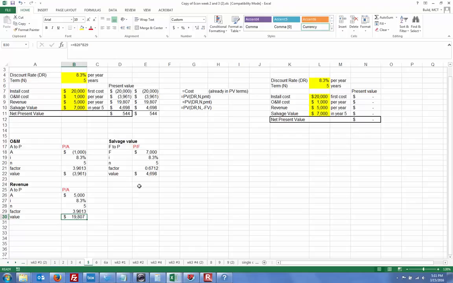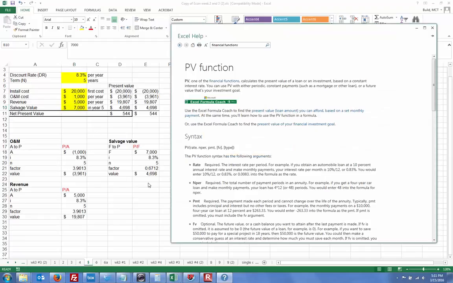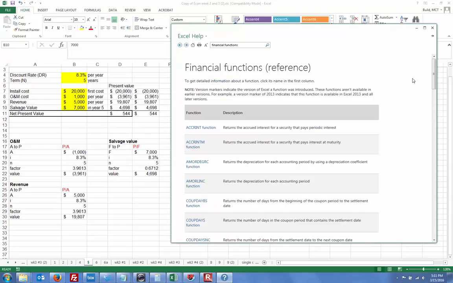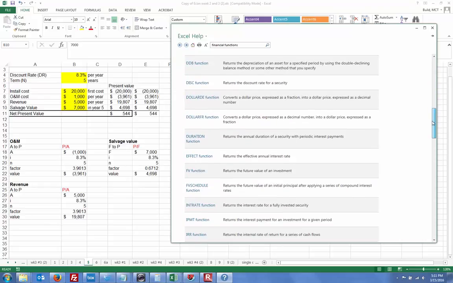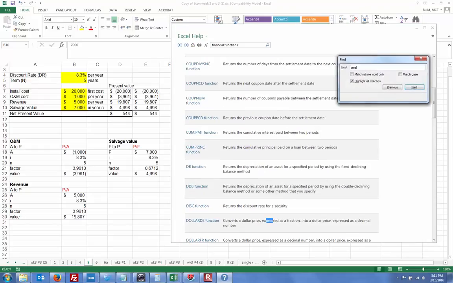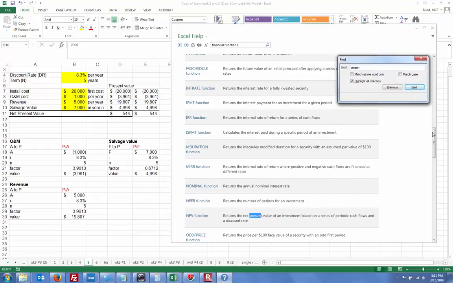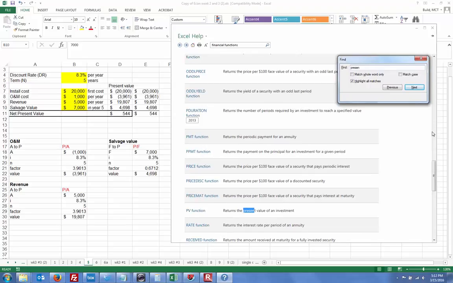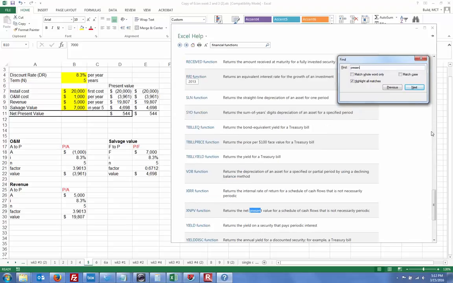Okay, and then the salvage value. I don't know if there's a PV function or not. Future value. Let's see if we can find present. NPV.